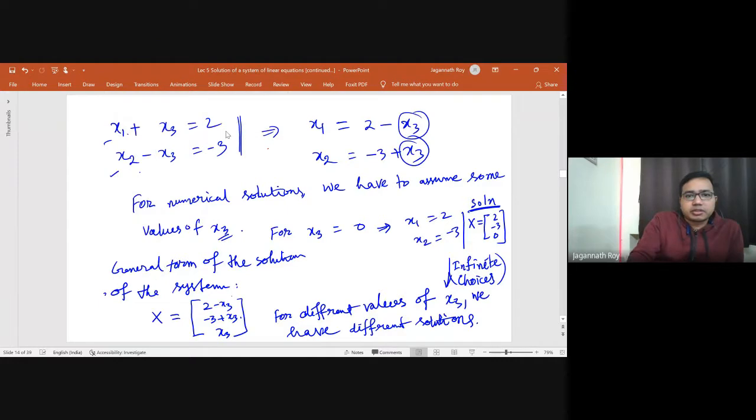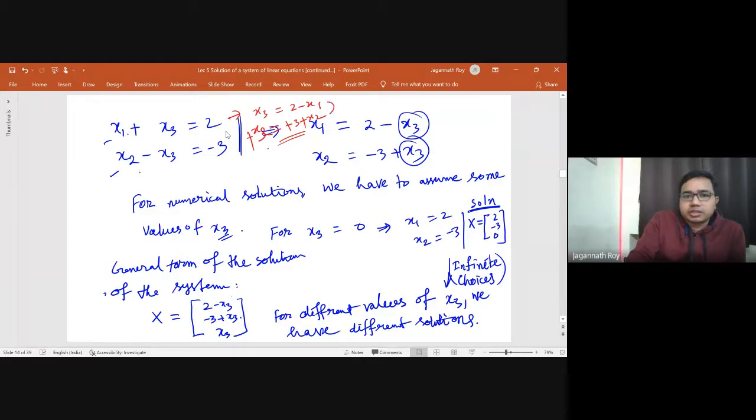For example, from here you write x3 equals 2 minus x1, and from here x3 equals minus 3 minus x2, or plus. In this form, can it be taken as a solution? Of course, but we do not write in this form.